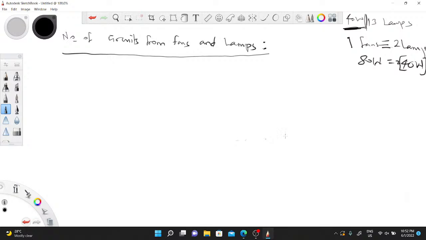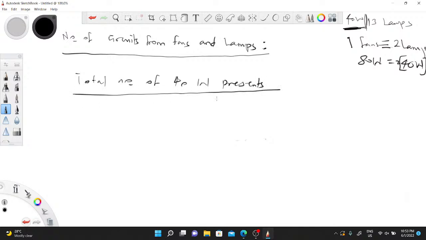Over here, I must find the total number of 40 watts present divided by 13, because I want to form 13 circuits, so that I'll know my number of circuits.